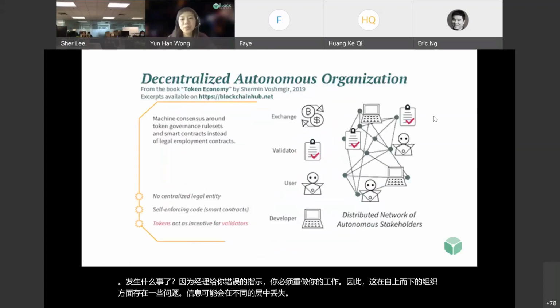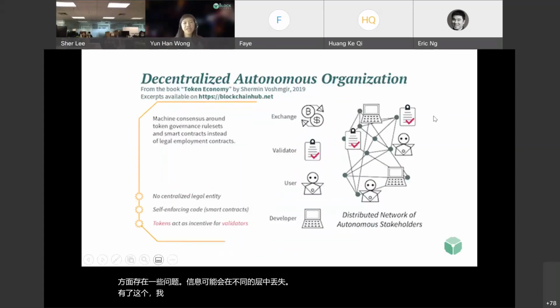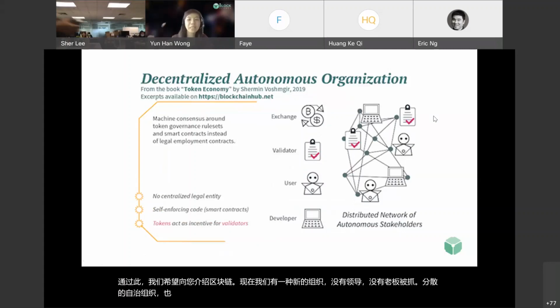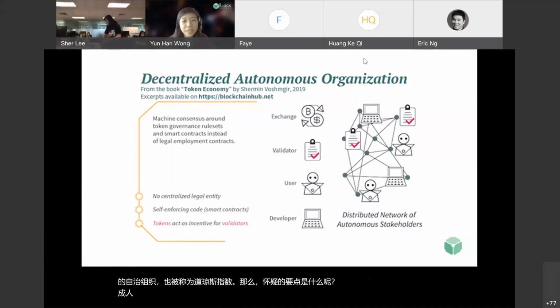And with this, we want to introduce you with blockchain. Now we have a new kind of organization with no leader, with no boss, called the Decentralized Autonomous Organization, also known as the DAO. So what are some key points of a DAO? In a DAO, token holders are the boss. And then the token holders, they will vote.